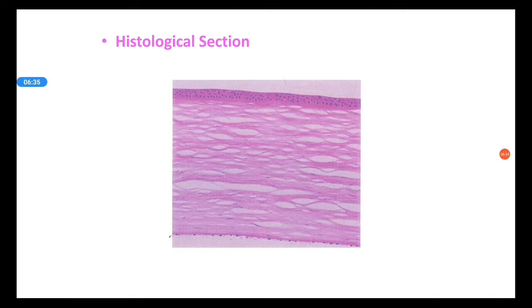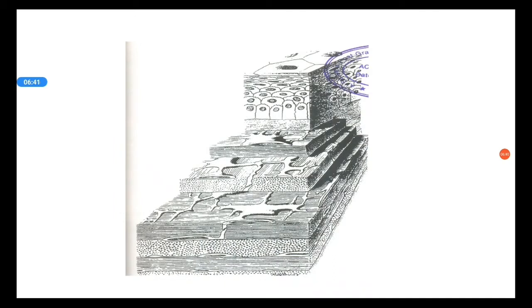Coming to the histological section of the cornea, we should know that it has an epithelium, a stroma, and the endothelium. This part corresponds to the epithelium.